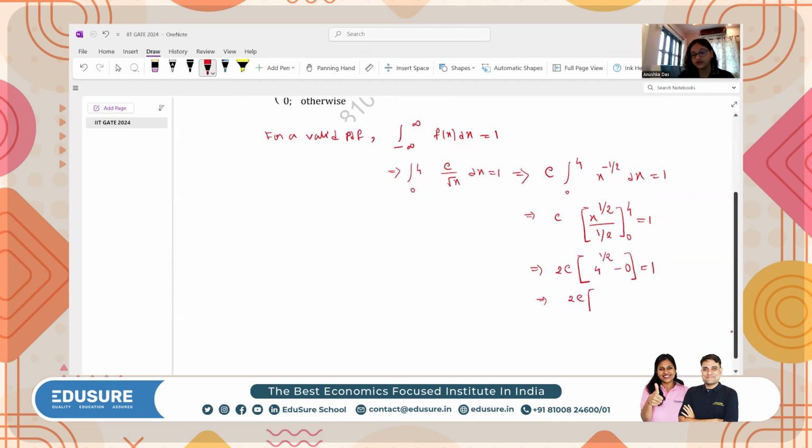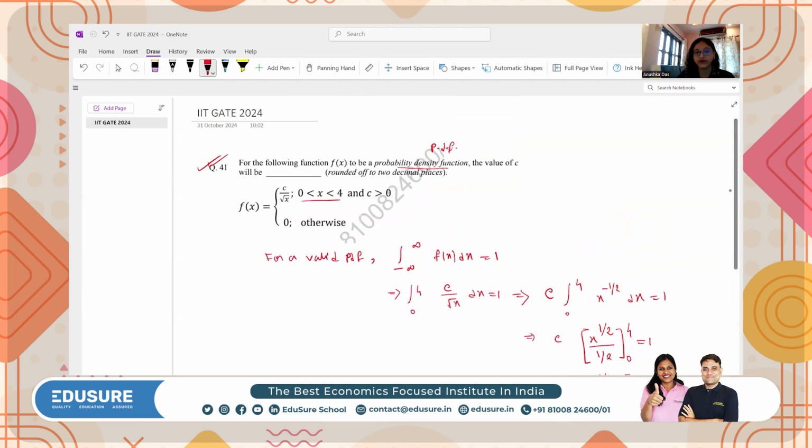So 2c into, this is 2 squared. So this will be only 2, right? 2 squared is 4, to the power half is 2. And this will be 4c equals 1, or c is 1 upon 4, which is this.